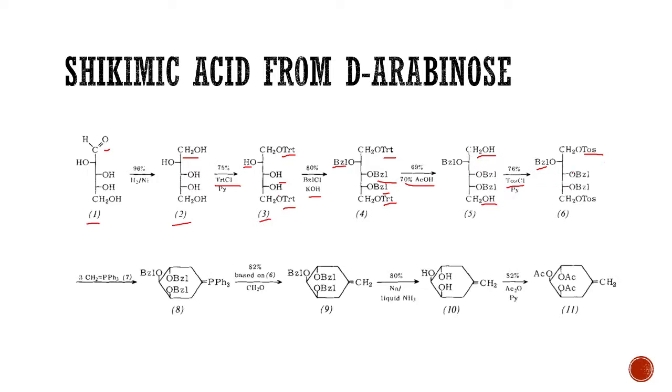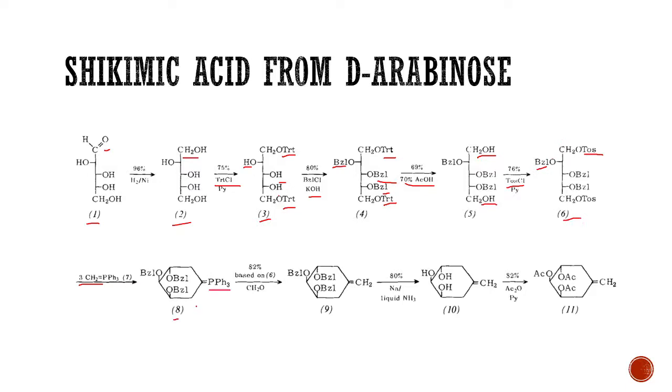The next step is very important, in which we use three equivalents of methylene triphenylphosphorane. This is a Wittig reagent which will convert compound number 6 into this cyclic ylide.